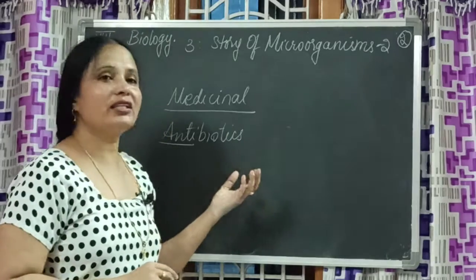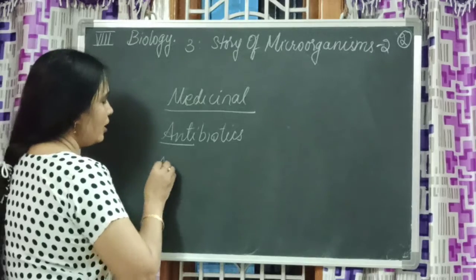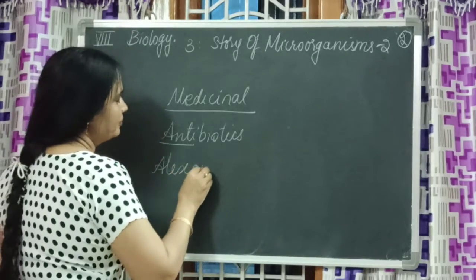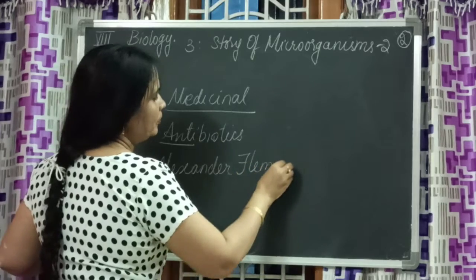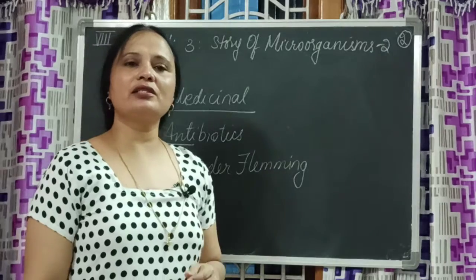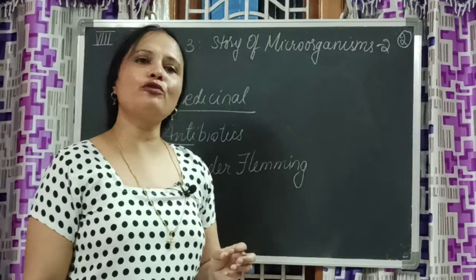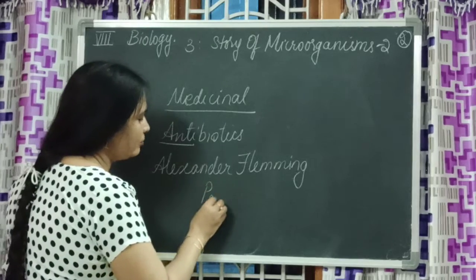And how are these antibiotics produced? For this we need to always remember and thank Alexander Fleming. Alexander Fleming is the first person who noticed it, he is the discoverer of penicillin.